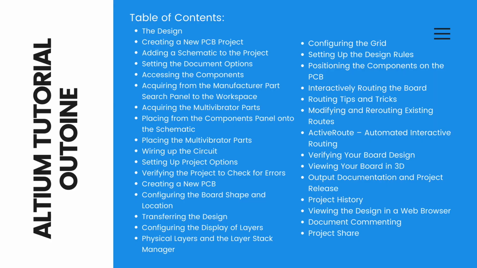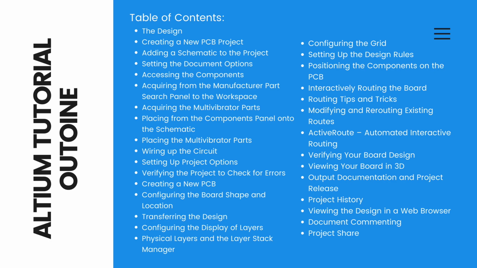Before we dive into the tutorial content, let me first give you an idea of what you'll be learning in this tutorial. First, we'll be teaching you how to design. We'll also teach you creating a new PCB project, and then adding a schematic to the project.